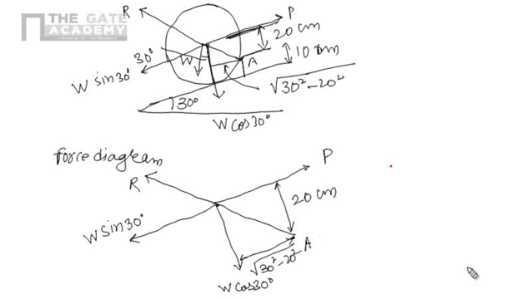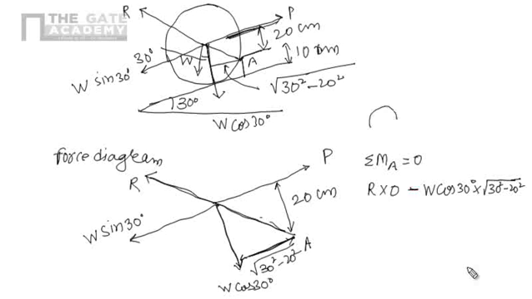So let's take condition number 3: the algebraic summation of moments of all the forces about A should be 0. R is passing through A, so due to R, the moment at A will be 0. Due to W cos 30, the perpendicular distance is the square root of 30 square minus 20 square, and the nature is anti-clockwise, so negative.